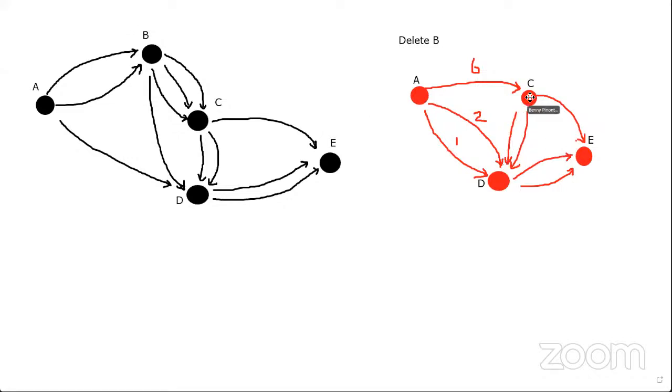So when deleting C, you have to calculate how many ways from A to D via C and A to E via C.